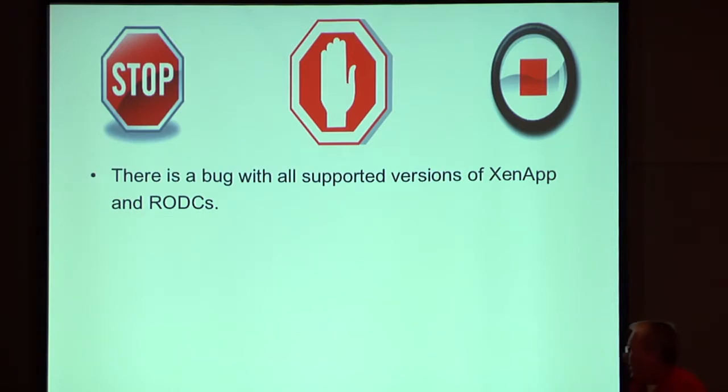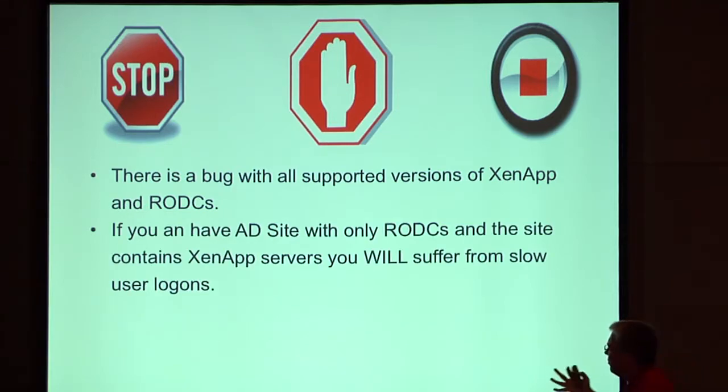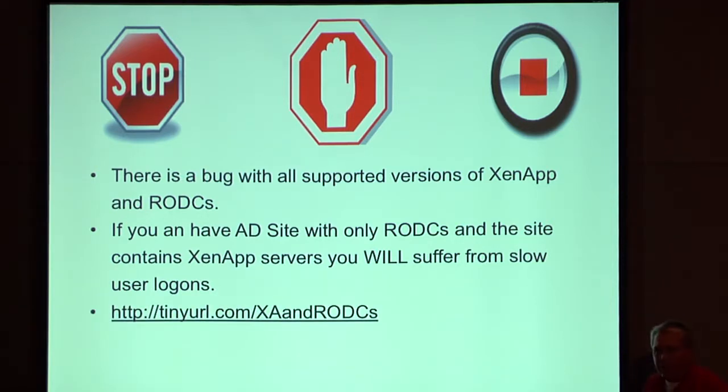So I then went to the CTP forum and asked about it. What I found out is if you have an Active Directory site, and in that site you only have read-only domain controllers, and that site also contains any supported version of XenApp, you will suffer from slow user logons, which is not something we want. So the Microsoft article is here. It's very long.